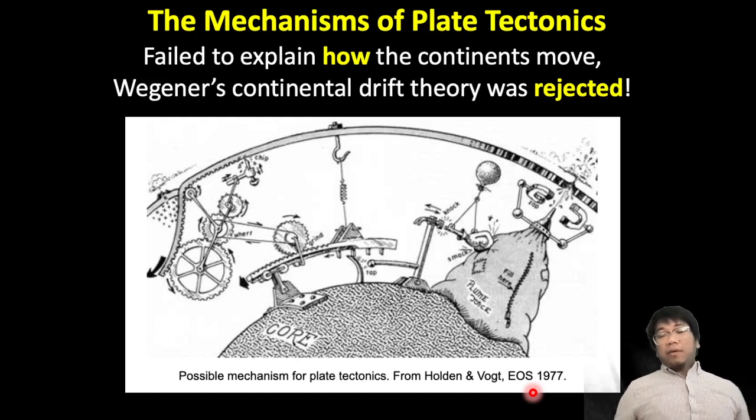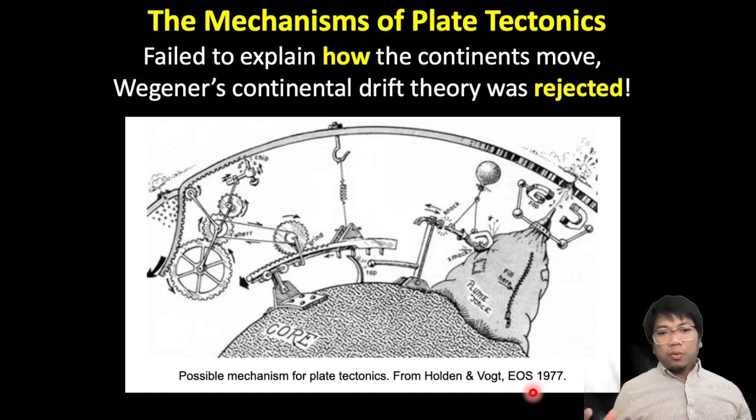All right, the next thing that I would like to talk about is the mechanisms of plate tectonics. Remember, we already learned about Alfred Wegener's continental drift theory, but the unfortunate side of this is that he failed to explain how the continents move.